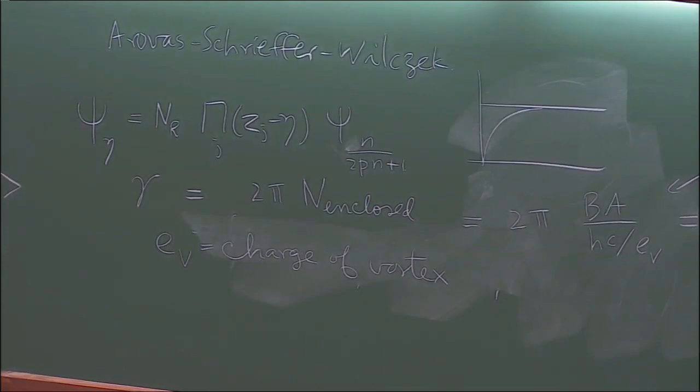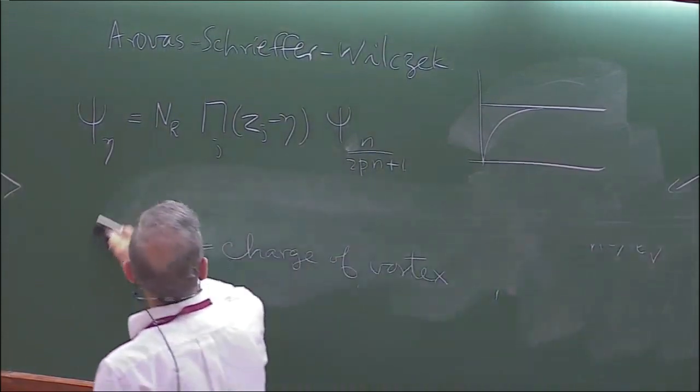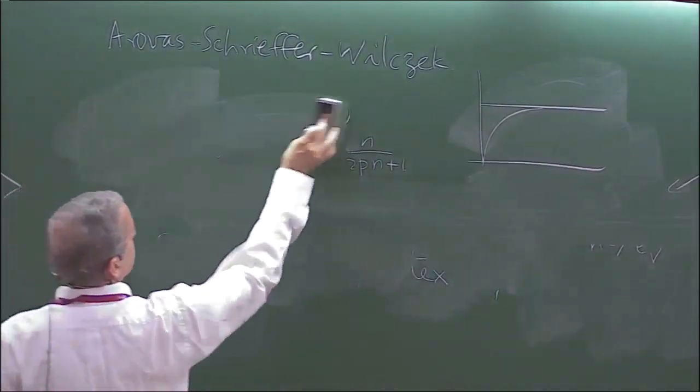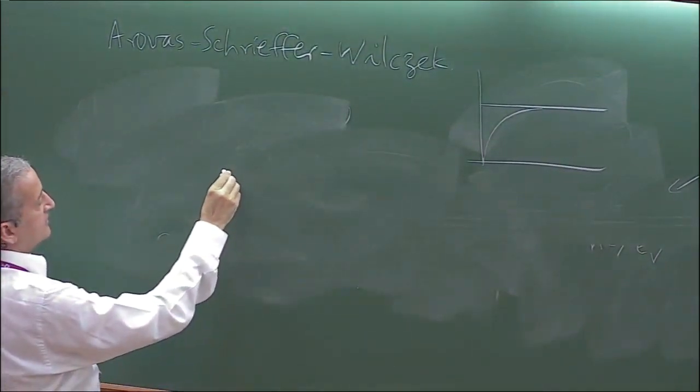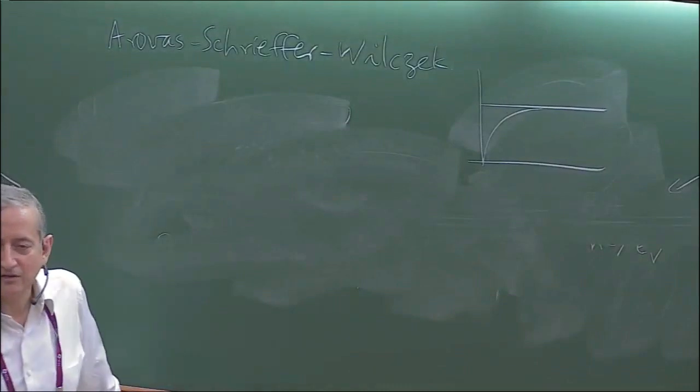So remember, yesterday we did this problem in which we found that if I create a hole in one filled lambda level, it pulls out a factor of Zi, product over i. Remember that calculation?